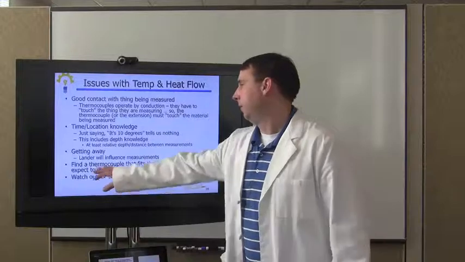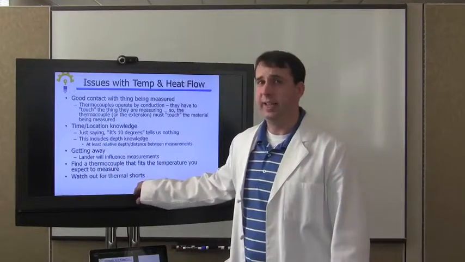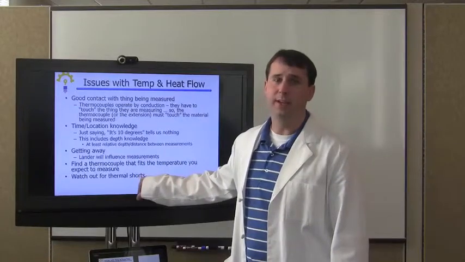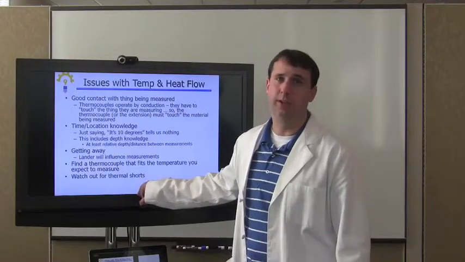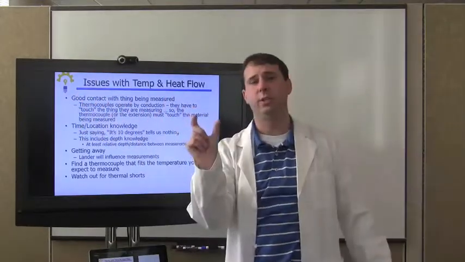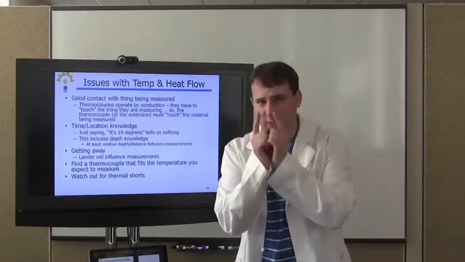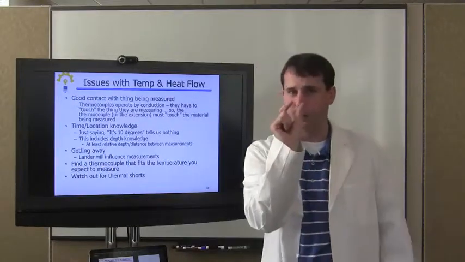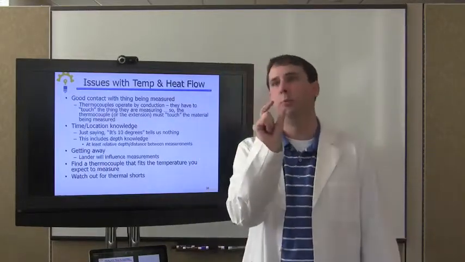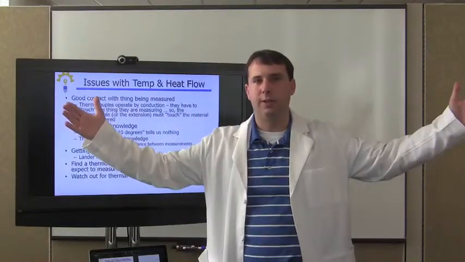So you want to first find what temperature do we think we're going to see at this location, and then you find a thermocouple that works at that temperature. There will be some thermocouples that work over a wide range, but their resolution is terrible, like plus or minus 5 degrees. And there are some thermocouples that work over a really small range, and their resolution might be plus or minus 0.005 degrees. So you've got to be reasonable.